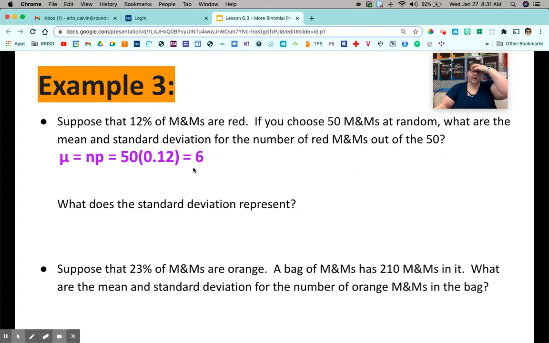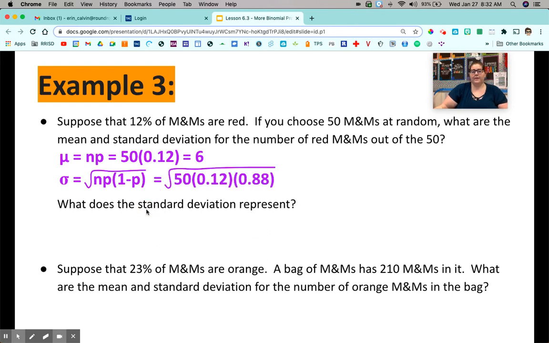So in that group of 50 M&Ms, I would expect 6 of them-ish to be red.